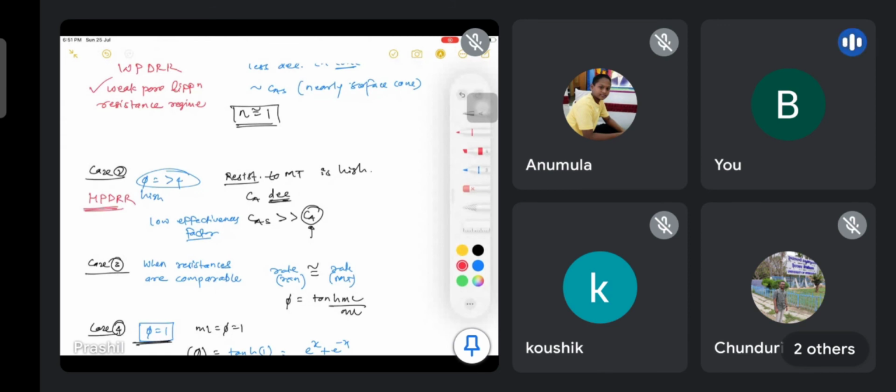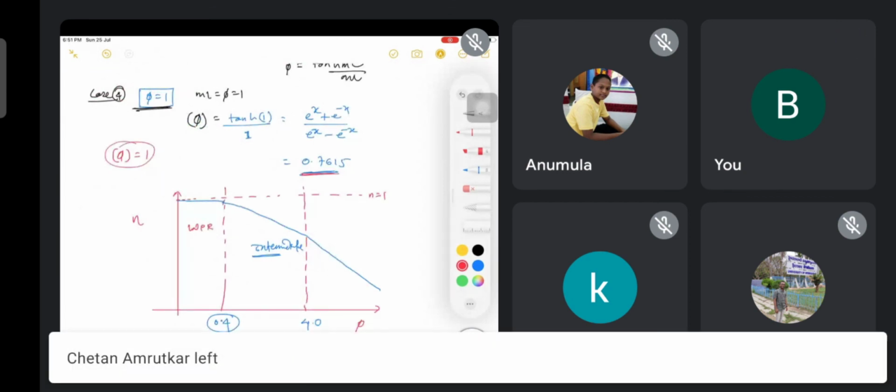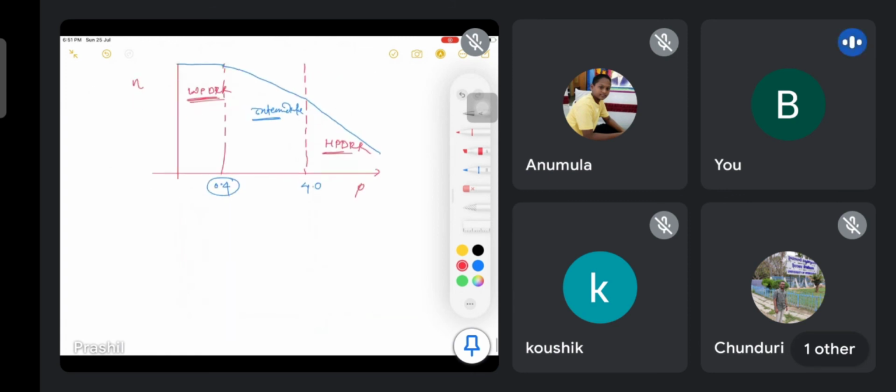So this is the WPDRR, and here it is the high pore diffusion resistance regime. This is how I am dividing this graph into 3 parts. So you know this. Based on this, I am just telling you what is asked in the GATE exam.